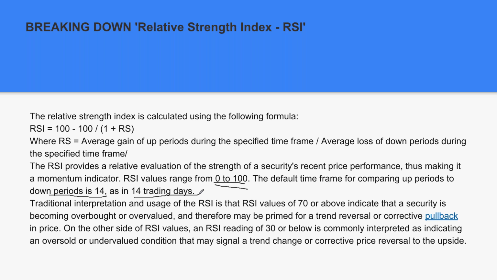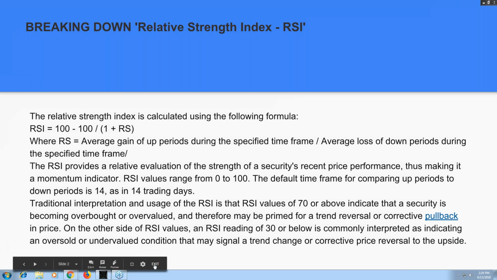On the other side, an RSI reading of 30 or below is commonly interpreted as indicating an oversold or undervalued condition that may signal a trend change or corrective price reversal to the upside, right? So this is what Investopedia says, but I actually have modified these values, and I'm going to take you to my modified setup and tell you how I use it.